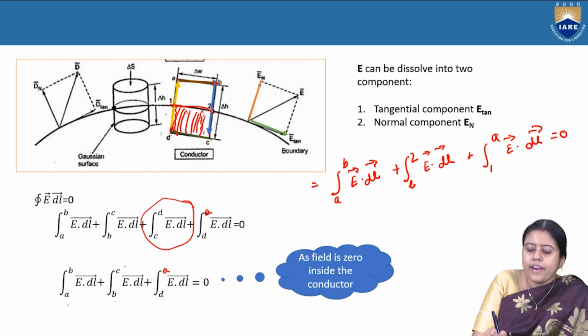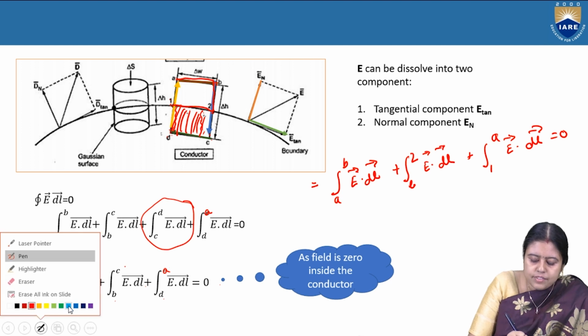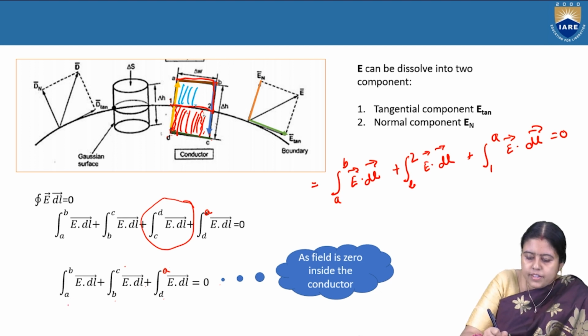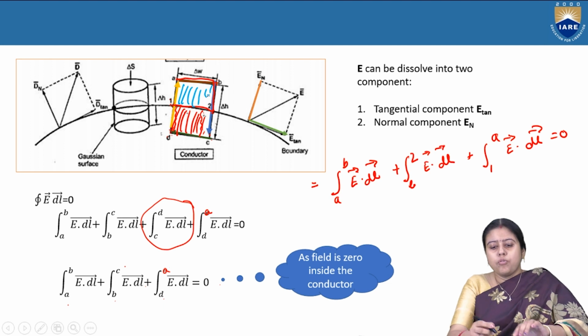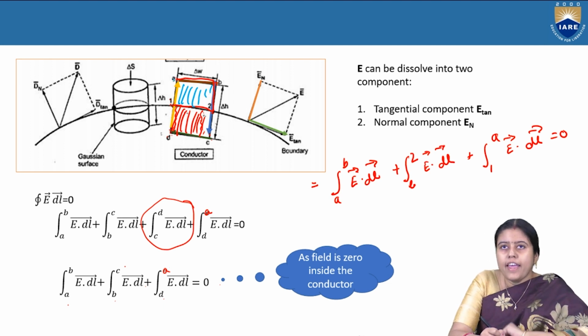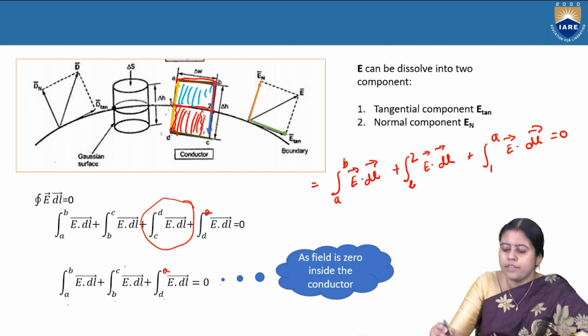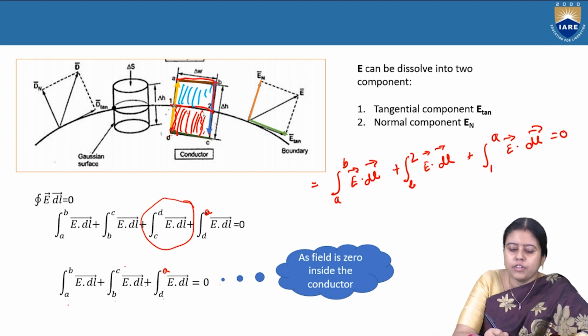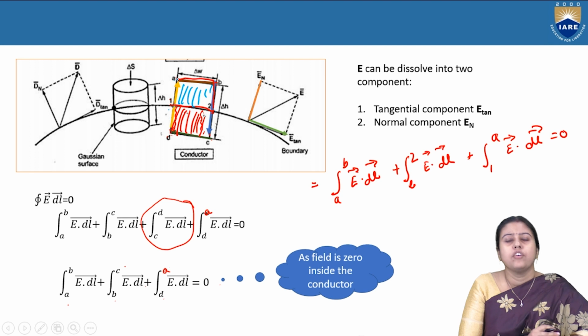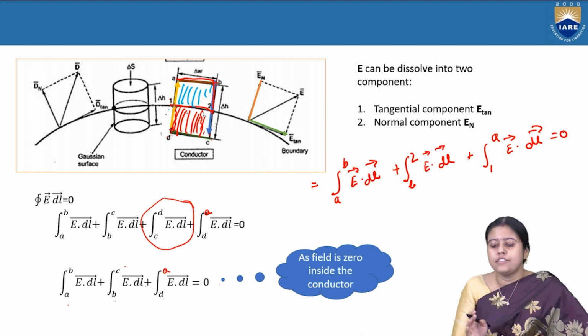0. Our main aim is this portion only. So what is the equation of this portion? A to B, B to 2, 2 to 1, because it is already 0, no need, and 1 to A. So this is our main integration.